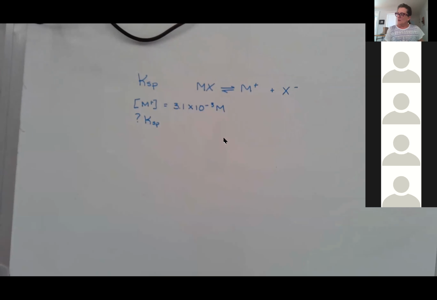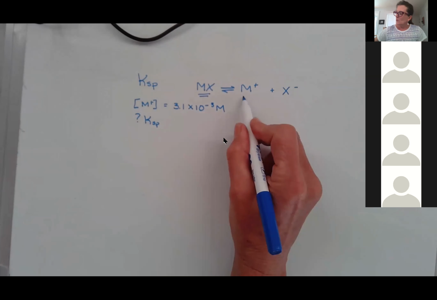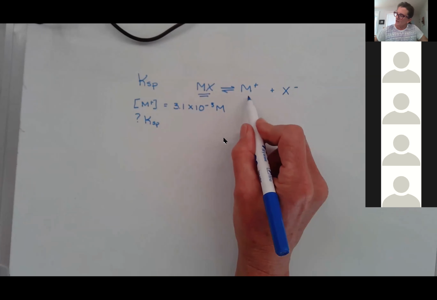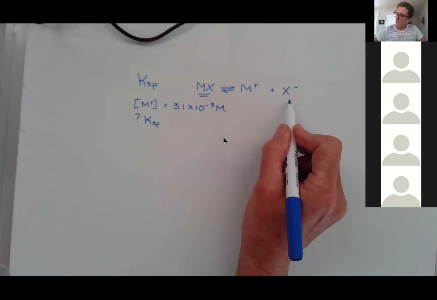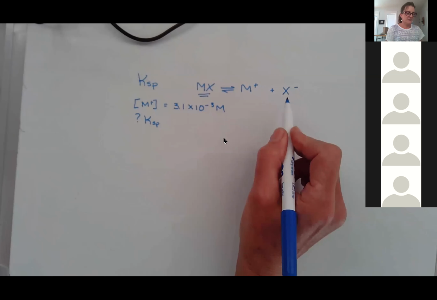And what we know is that when MX dissolves, each MX that dissolves makes one M plus cation and one X minus anion.